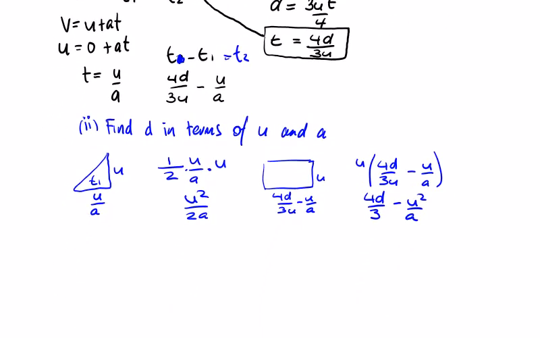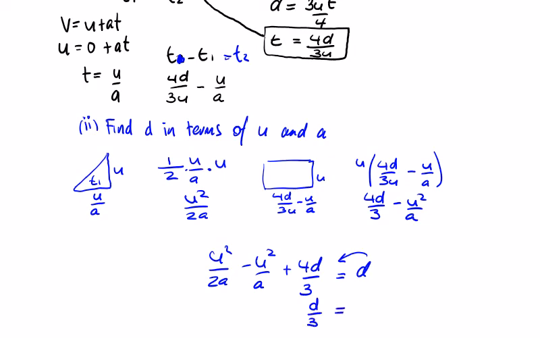So we need to add these together. We got u squared over 2a minus u squared over a plus 4d over 3 is going to be equal to my distance d. So if I bring this one to the left, I'm going to have 4/3 d minus d, which is just a third of d, or d over 3.